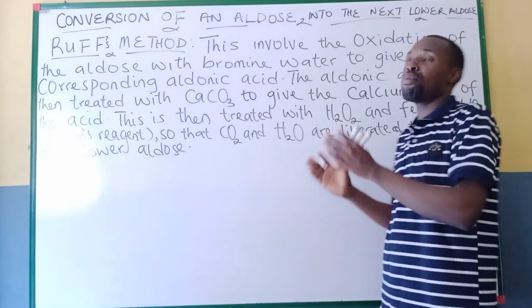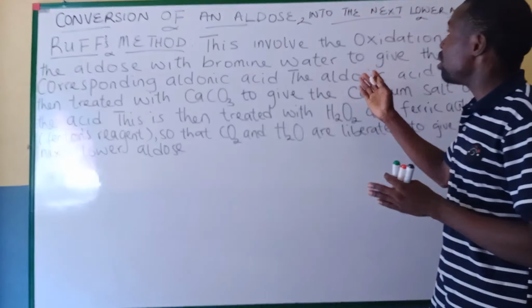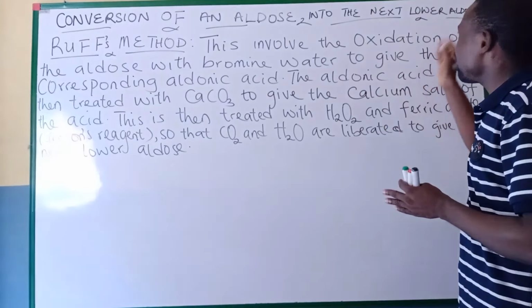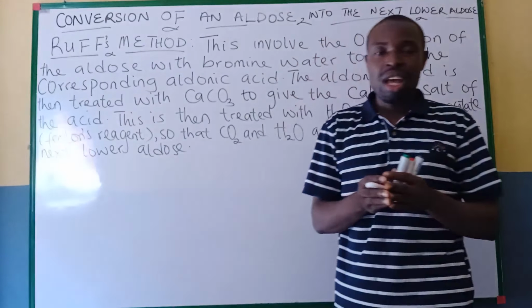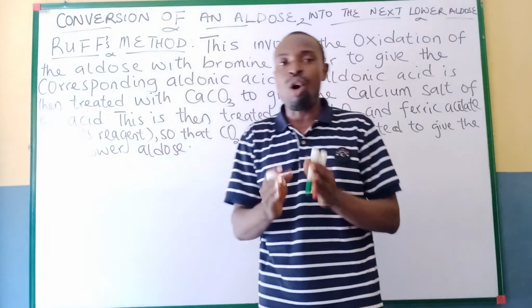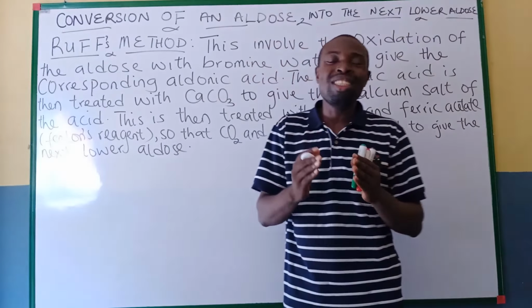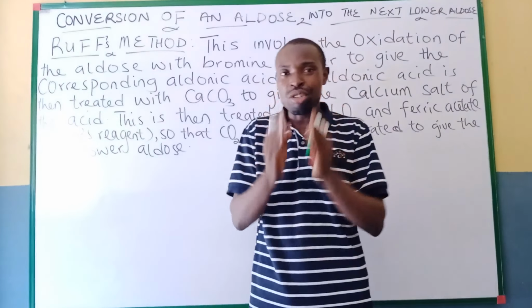Chemistry and also biochemistry, which is talking about the conversion of an aldose into the next lower aldose. Under this heading, we have a sub-heading called Ruff's method, or we can also call it Ruff's degradation.